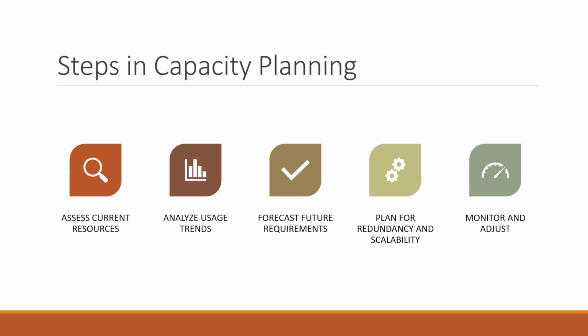Even during failures, how do we remain operational? And then lastly, we need to monitor and adjust. So this is an ongoing process to ensure that we avoid any bottlenecks or any procurement wait times as we're waiting for additional hardware. So this could be adding storage, upgrading servers, or increasing network bandwidth. Okay.